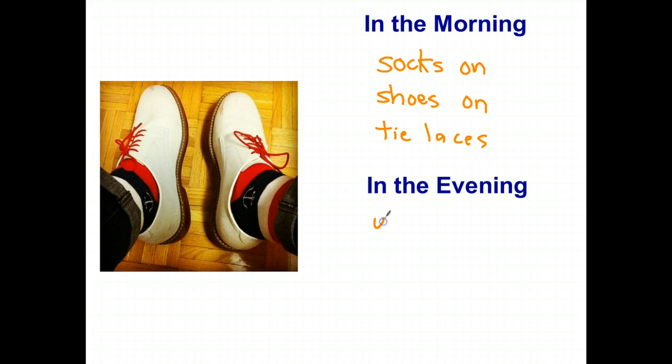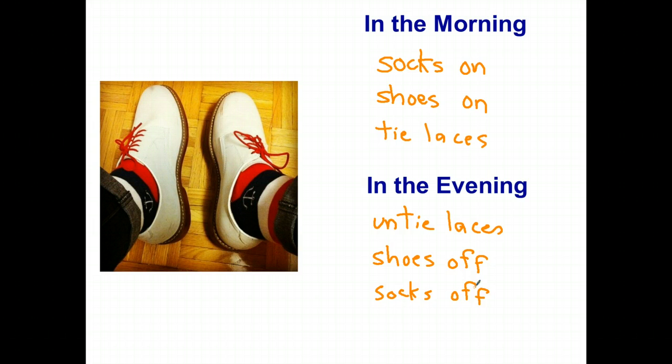So the first thing he has to do is untie his laces. He then has to take his shoes off. And finally, he takes his socks off. And he's back to the way he was when he got up in the morning.